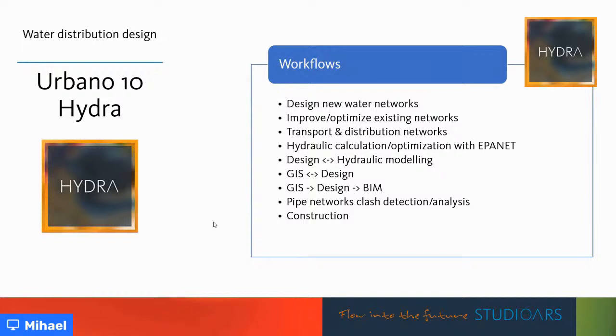So whether you just use GIS data as some input for the design system because you're connecting to an existing network, or you can also, of course, when you're finished with designing, return this information back to a GIS system. So there's again various possibilities: shape files, databases, just plain DWG files.